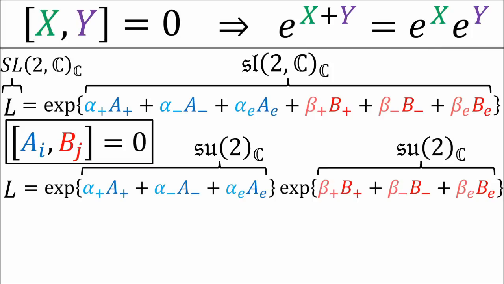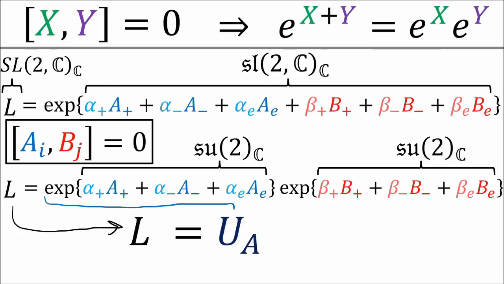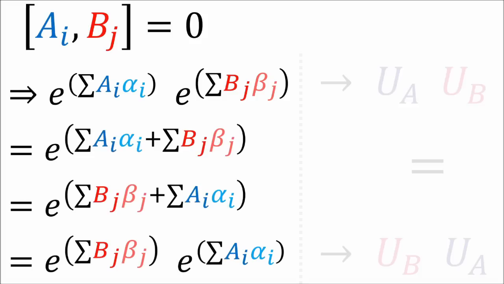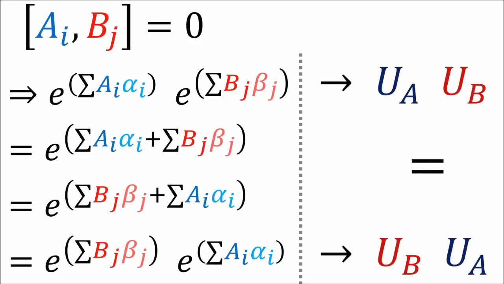What this means is we can always write a complexified SL2C group member L as the product of two Lie group elements UA and UB, which are each generated from complexified SU2s. Because their generators commute, the A and B group members also commute with each other.